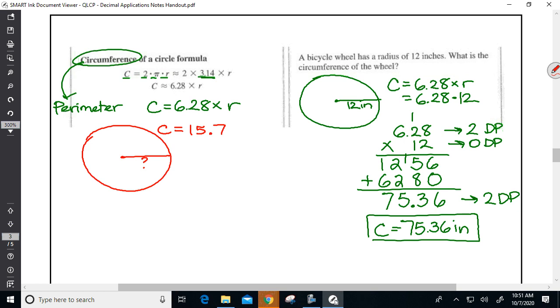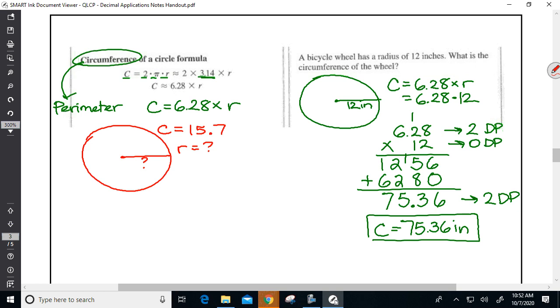We're working with the circumference of a circle. All right. So circumference is 15.7. We need to find the radius. So now we work the problem backwards.